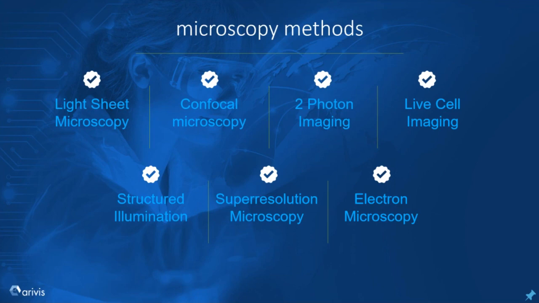And we're seeing data coming from many, many different places. So in microscopy, we see data coming from light sheet, confocal, two-photon, live cell imaging, structured illumination, super resolution microscopy, and electron microscopy.